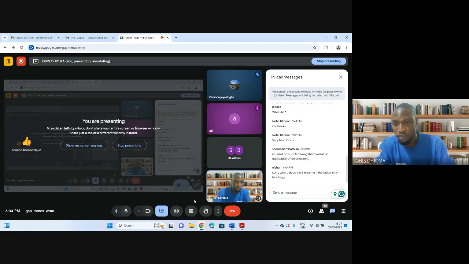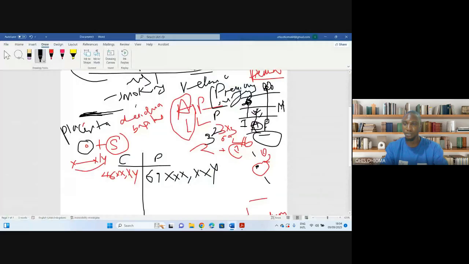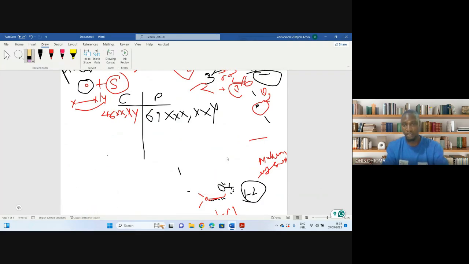So you're saying, where does the 2x come from if the father only has one egg? No, it's one sperm that is coming. I think this person just helped me with a very logical answer to it, right? So what I think is the most reasonable explanation for this, sorry, I'm not a molecular scientist, I might not give you the best answer, and I might also research on this myself.